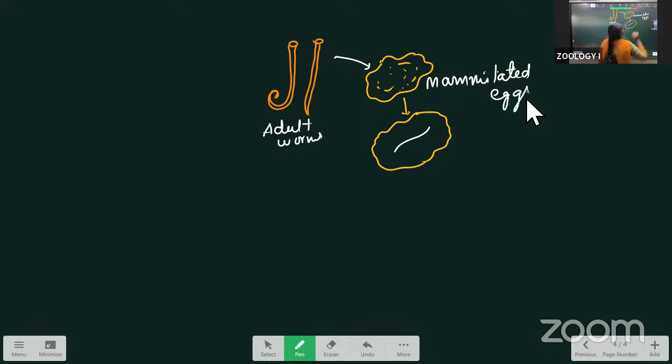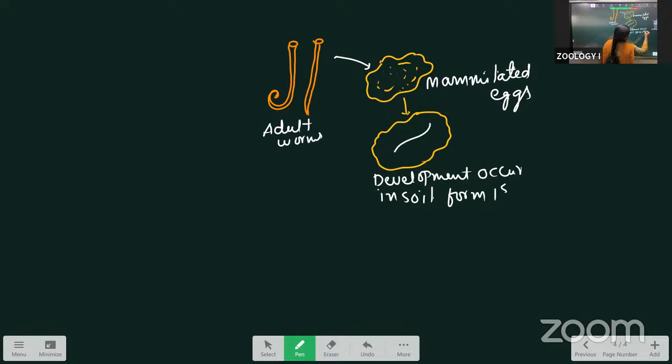These mammillated eggs come out along with the fecal matter and into the soil. These 2 lakhs of mammillated eggs come out along with the fecal matter into the soil, and the development occurs in soil to form the first stage rhabditiform larva.